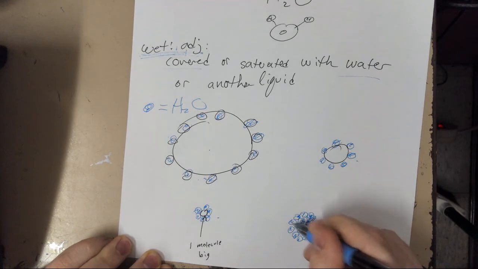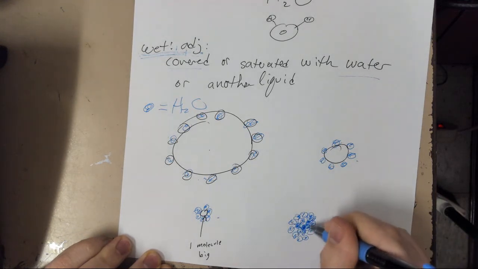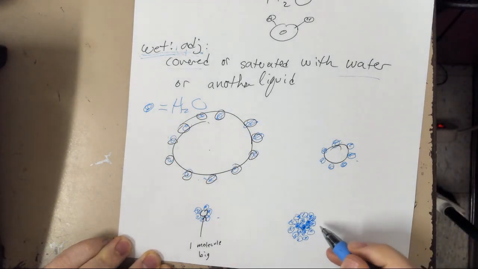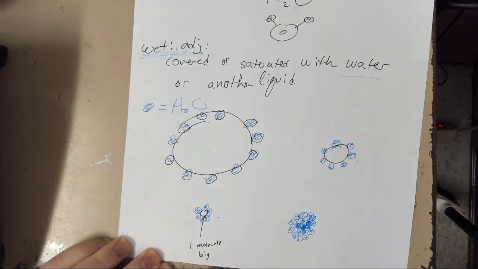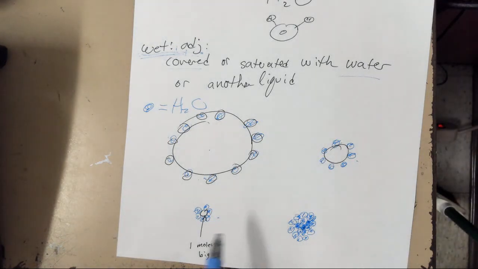This one is surrounded by other water molecules, therefore it's wet. Look, you see a pattern emerging, that because each water molecule is itself surrounded by other water molecules, then every water molecule is wet.